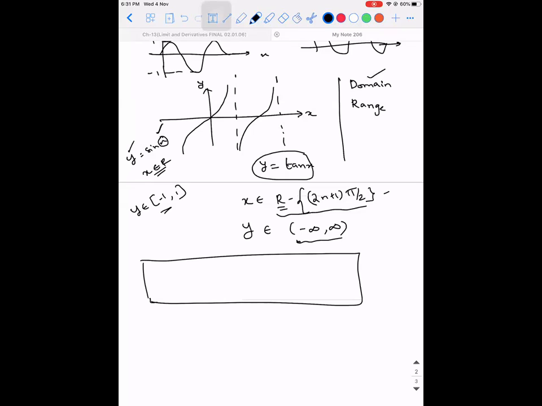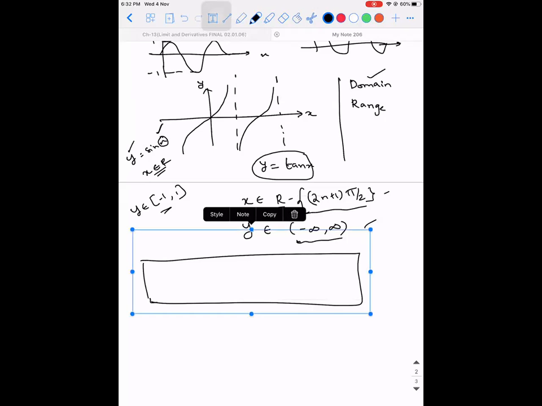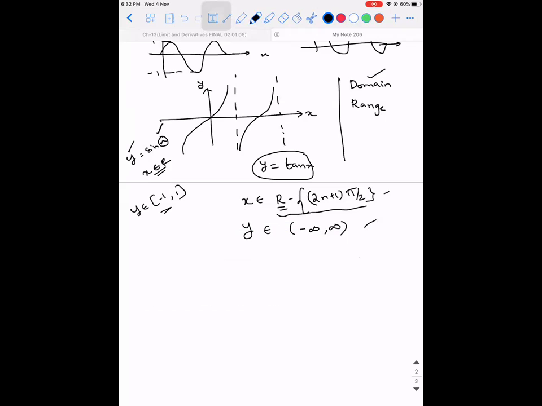So I hope you're able to recollect what this domain and range concept is. Is it clear? Is there any point which is confusing or tough? Everybody? Clear. Okay. So now I will proceed.